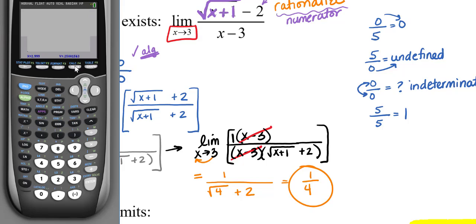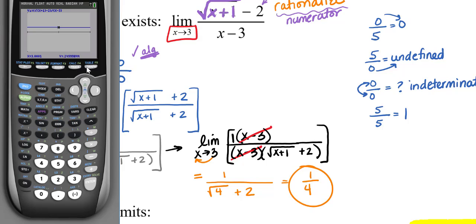Then I can calculate the right side, calculate a value, 3.0001, for example, or however close you want to get. That's now my right side of 3, and that also appears to round to 0.25, which is in fact 1/4.